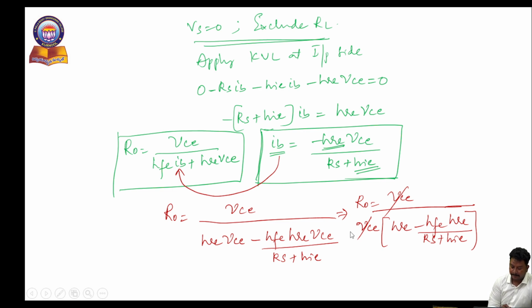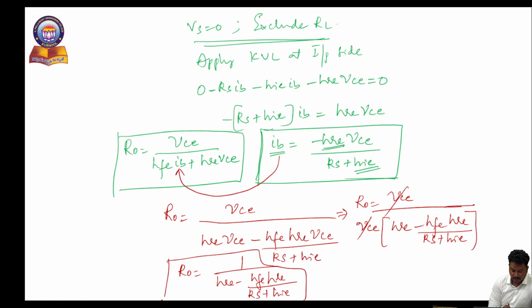And finally R naught is equal to 1 divided by h_re minus h_fe h_re by R_S plus h_ie. This is the final equation we achieve for the output impedance of an amplifier.